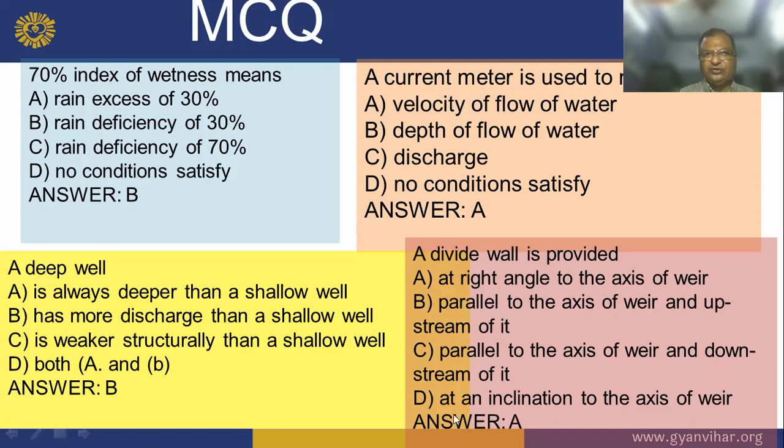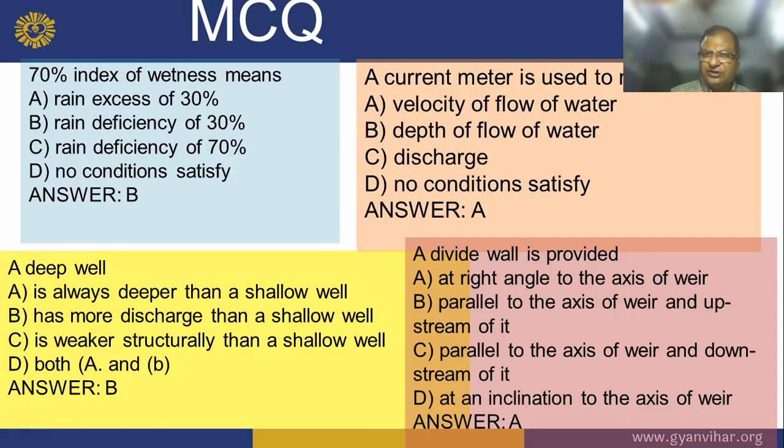And now next question. A current meter is used to measure the velocity of flow of water. Which is the correct answer? Correct answer is A, velocity of flow of water.